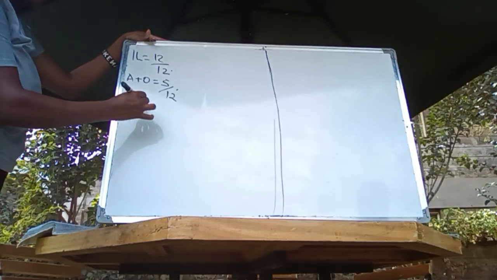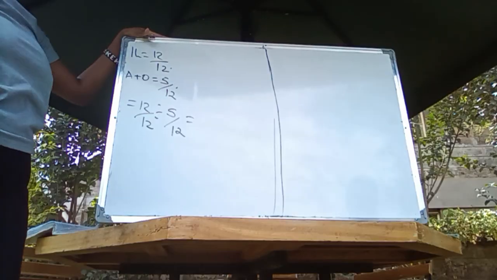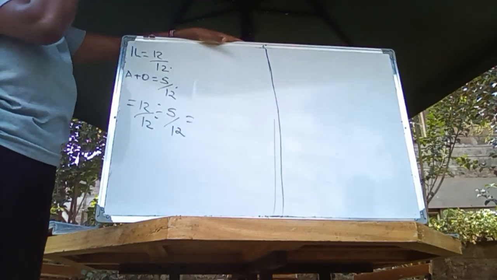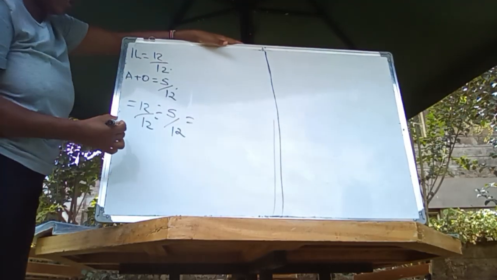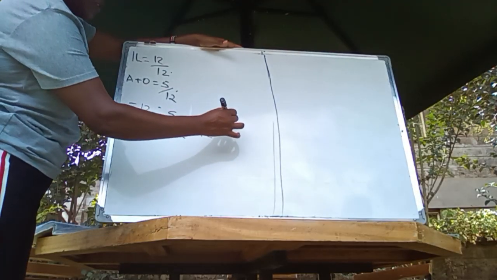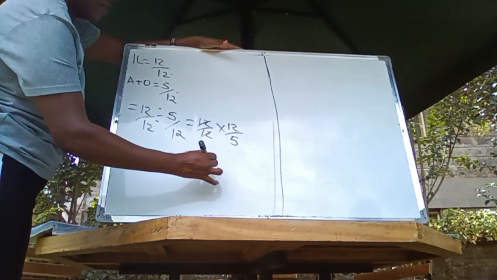So it's going to be 12 over 12 divided by 5 over 12, which is 12 over 12 times 12 over 5, which is 12 over 5.